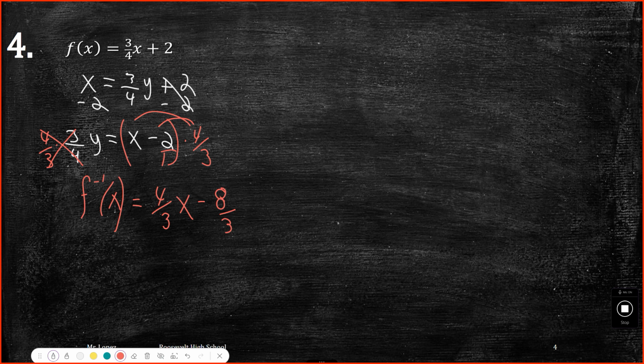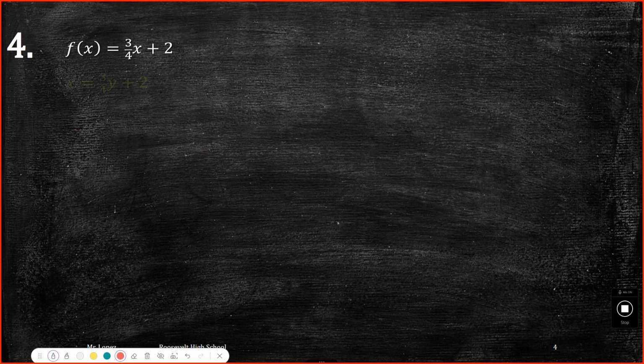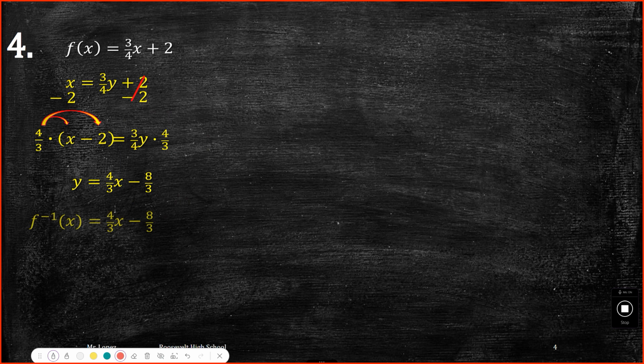All right. Last problem. All right, problem 5. Last one. G of x is going to be x equals cube root of y plus 2 minus 4.